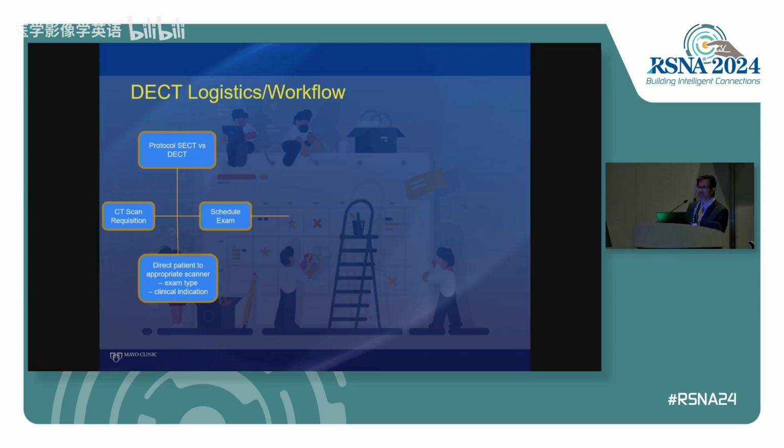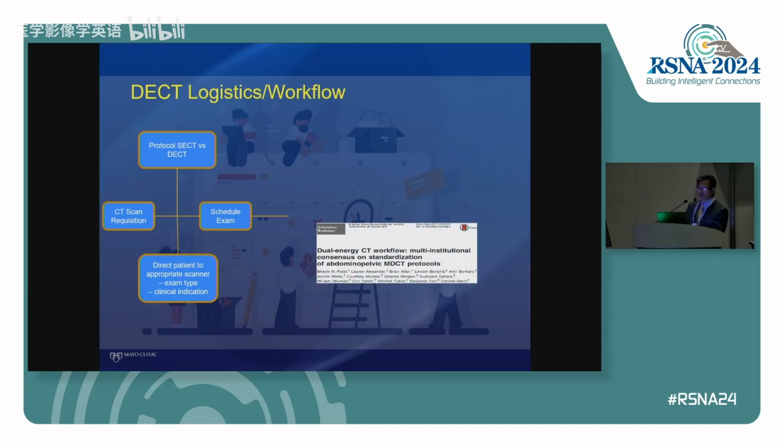You can also specify clinical indications. For example, if a patient's going to have rule out PE, those could be routed to the dual energy CT scanners. So then you actually have to have a dual energy CT protocol. You can certainly do that yourself and start from scratch, but you can also leverage the work that's already been done. There's a plethora of guidelines in the literature.